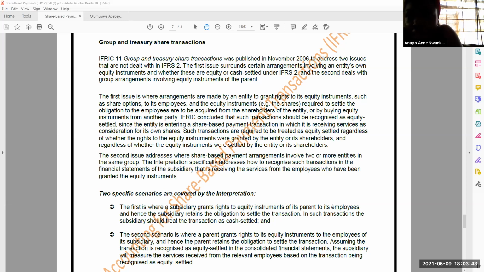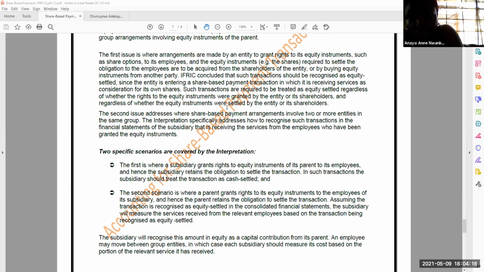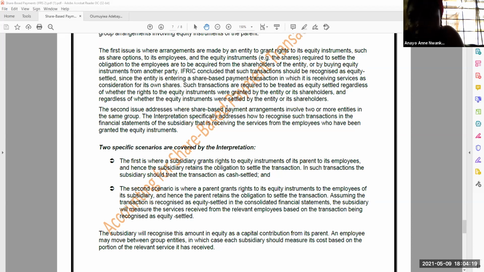IFRIC concluded that such transactions should be recognized as equity settled since the entity is entering a share-based payment transaction in which it is receiving services as consideration for its own shares. Such transactions are required to be treated as equity settled, regardless of whether the rights to the equity instruments were granted by the entity or its shareholders, and regardless of whether the equity instruments were settled by the entity or its shareholders.